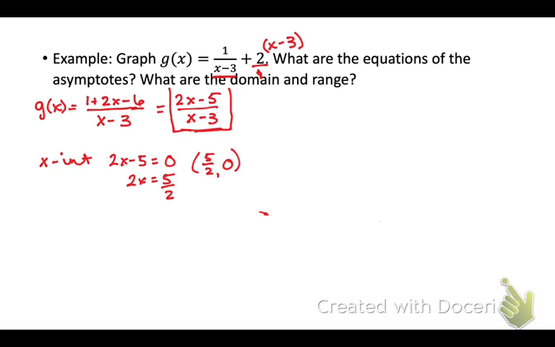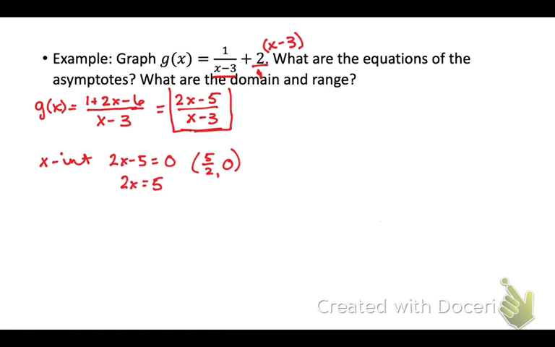Where did you get 5 halves? Because I added 5 and divided by 2. When did you add? Right here, I added 5.